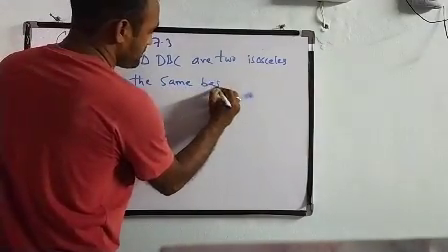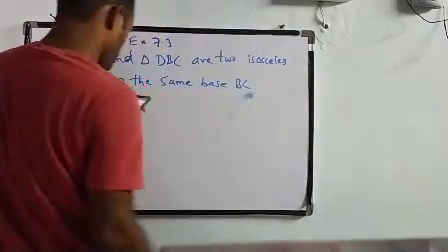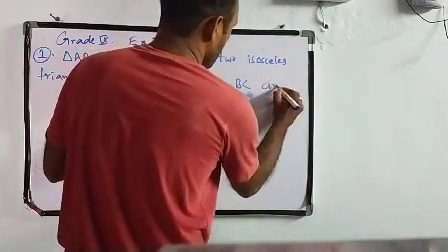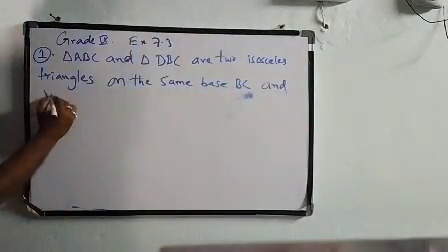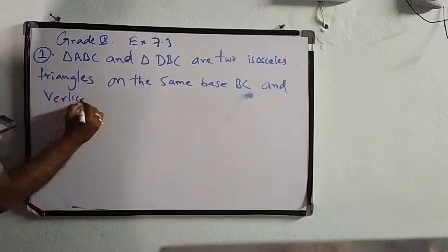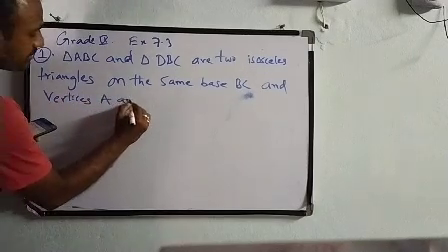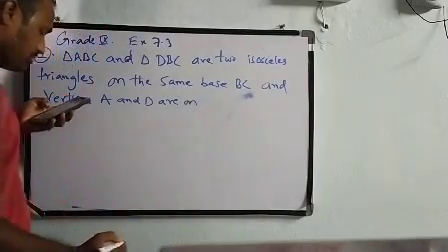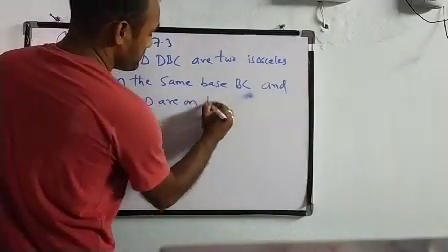and vertices A and D are on the same side of BC.